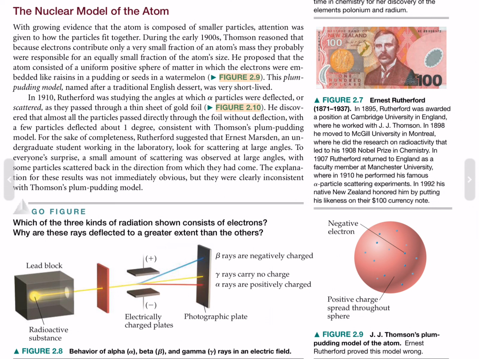In 1910, Rutherford was studying the angles at which alpha particles were deflected or scattered as they passed through a thin sheet of gold foil. He discovered that almost all the particles passed directly through the foil without deflection, with a few particles deflected about 1 degree, consistent with Thomson's plum pudding model.